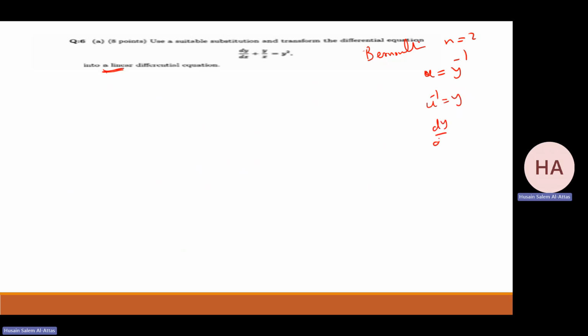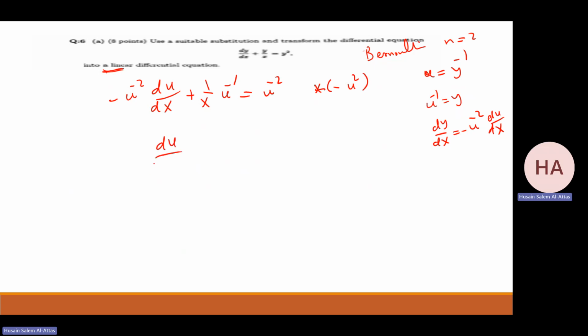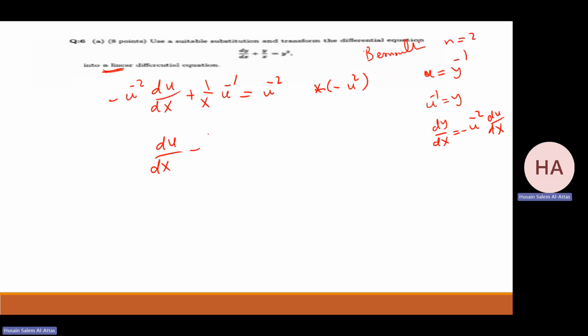So dy over dx is minus u to the minus 2 du over dx. Plug it in. I have minus u to the minus 2 du over dx plus 1 over x u to the minus 1 equals u to the minus 2. Multiplied by minus u squared, I have du over dx minus 1 over x u equals minus 1. So this is linear.